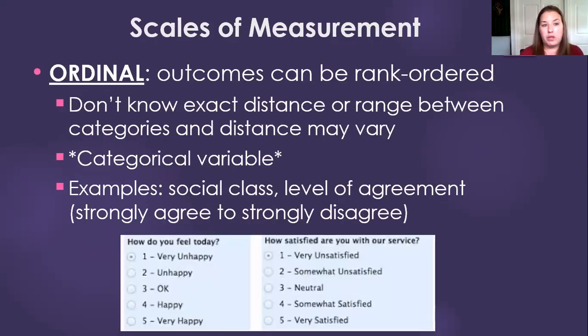Another option for scale of measurement is that some variables can be ordinal level variables. Ordinal level variables are also mutually exclusive categories, but these categories can be rank ordered in some logical fashion.